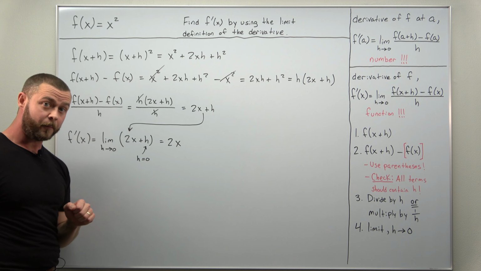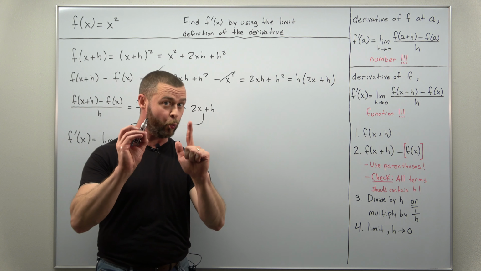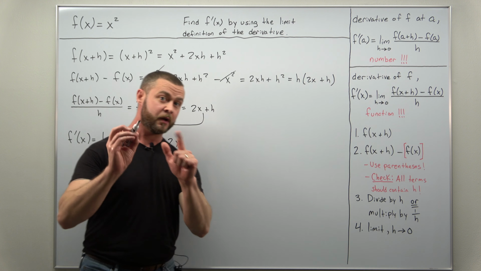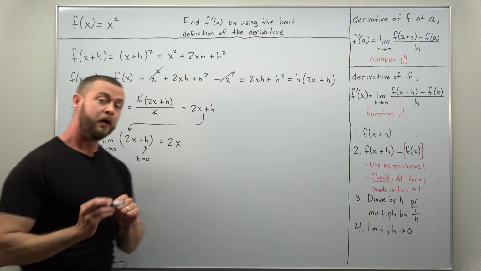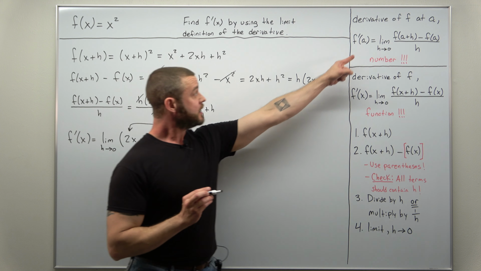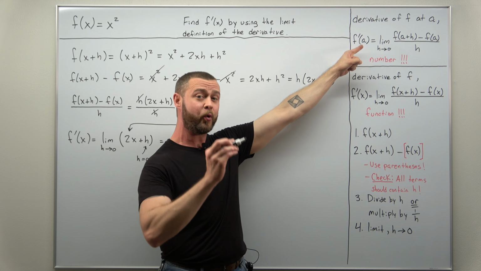And there we go. Again, this one was very simple. It only contained one term, x squared, and these steps really weren't too bad. All right, now if you take your time, like we did here, you'll be able to get through these problems. And the big change, which I want to mention, is going from this limit definition, the derivative of a function at a point.